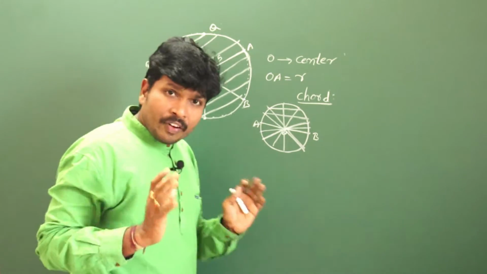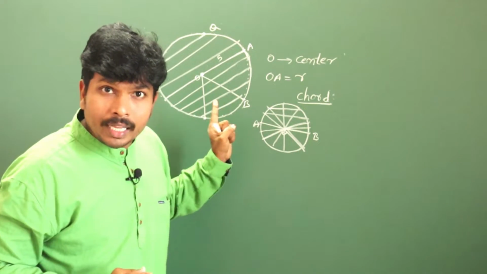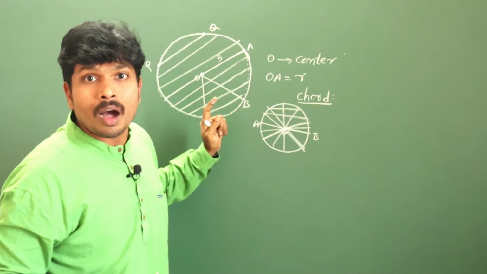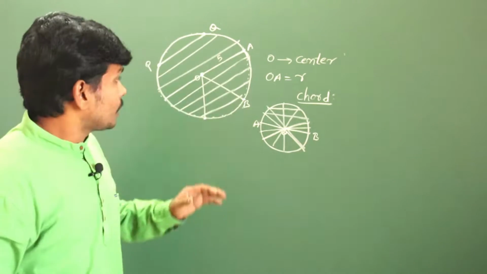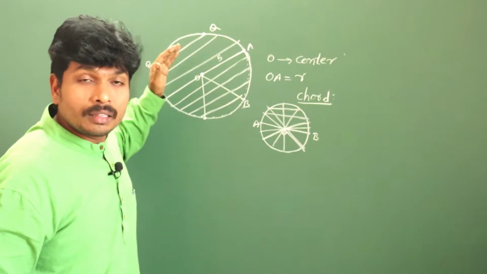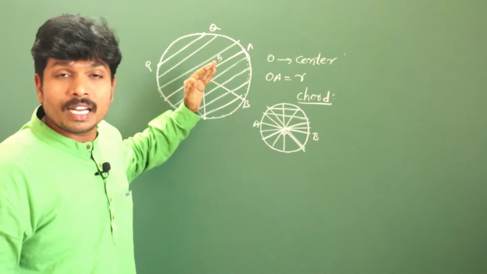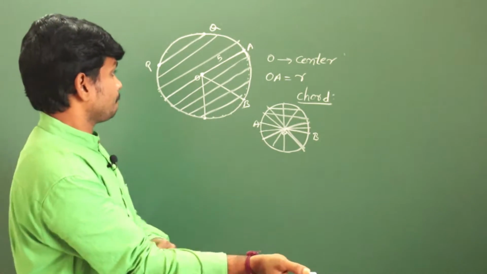Now if I ask you one question: one chord is nearer the center, one chord is farther from the center, then which chord is bigger? The chord which is nearer the center is the bigger chord. The chord which is farther from the center is a smaller chord than it. Fantastic.